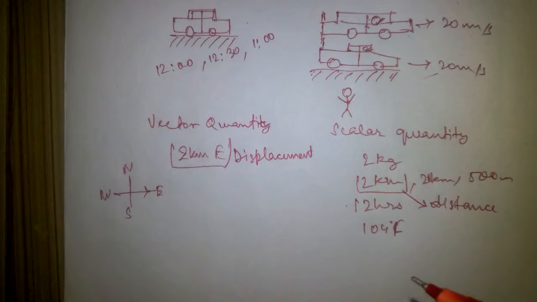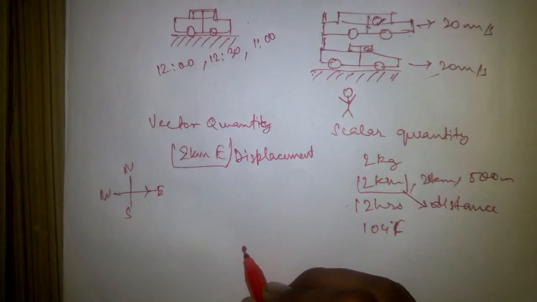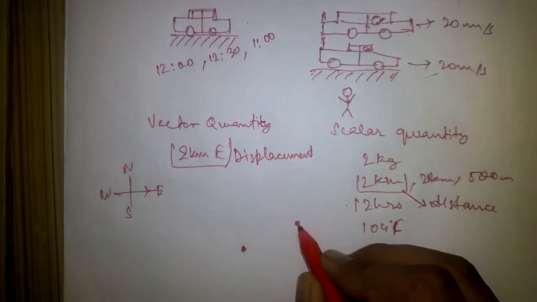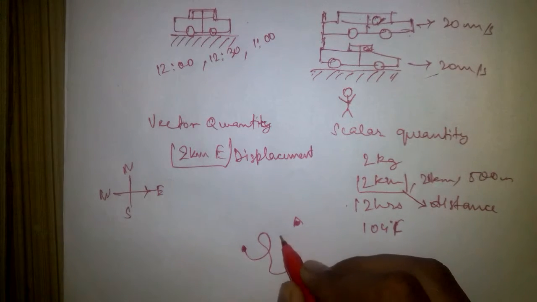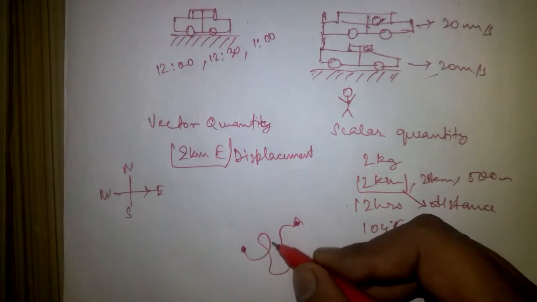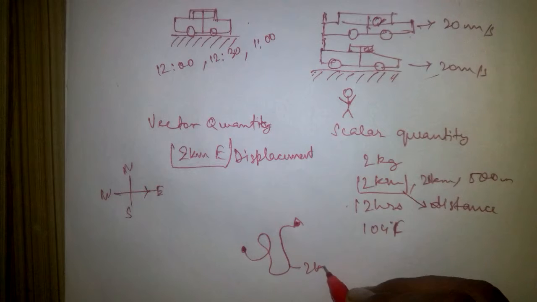When you go from your home to a temple or your school, you say the distance is 2 kilometers. But the shortest distance means, suppose here is your home and here is the school, and this is the path you go. This is the path from going to your school, and this distance is 2 kilometers.